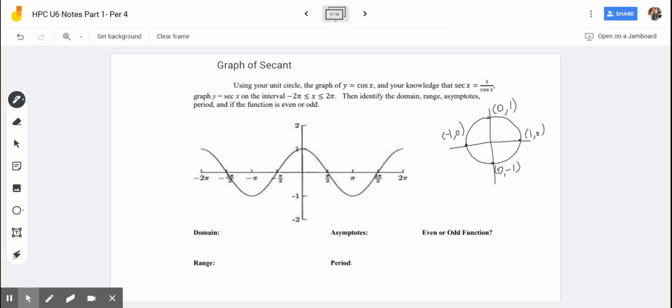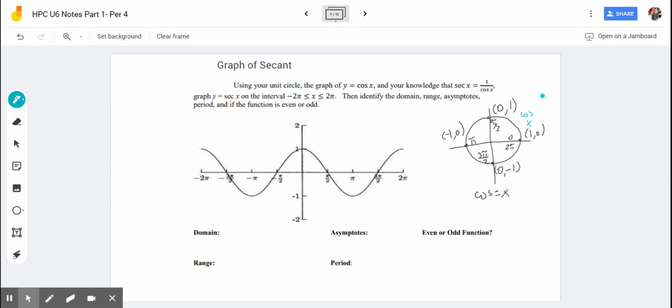And remember, cosine on the unit circle are your x values. Okay, and this is at 0 radians, pi over 2, pi radians, 3 pi over 2 radians, and then technically also 0 and 2 pi. Okay, so cosine is your x values, your cosine values.